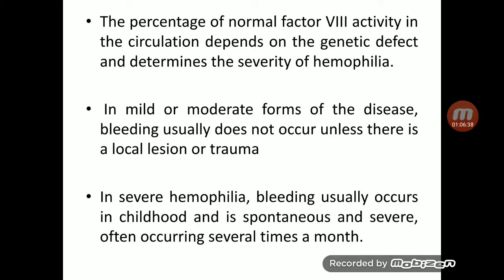In severe hemophilia, bleeding usually occurs in childhood and is sometimes spontaneous and severe, often occurring several times a month. This also depends upon whether you are homozygote or heterozygote. Heterozygotes have a mild or moderate form of the disease, whereas homozygotes have the severe form.